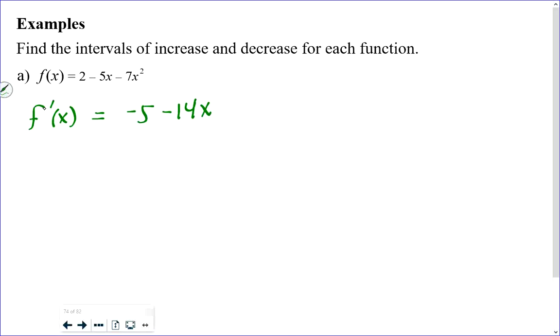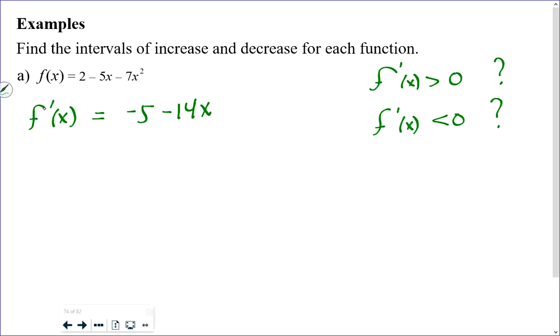If you want to find out where f prime of x is positive, because that's where the function increases, and you want to find out where f prime of x is negative, because that's where the function decreases, then you have to first find out where it's equal to 0.